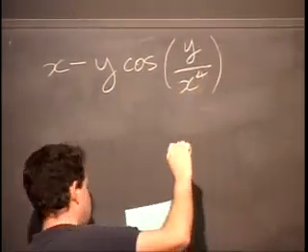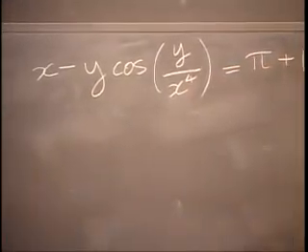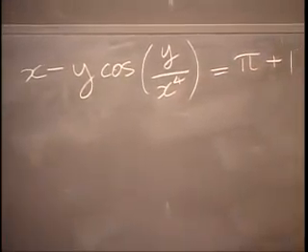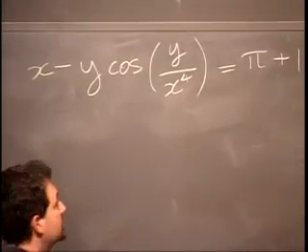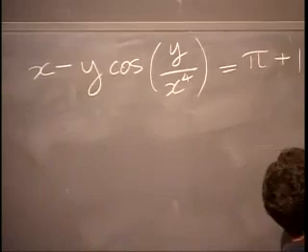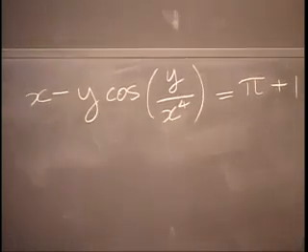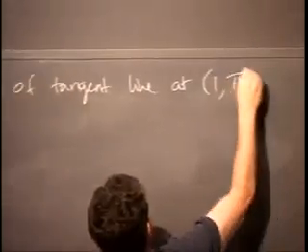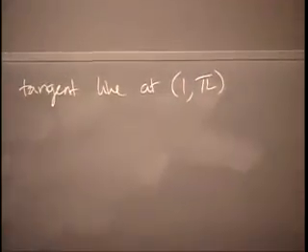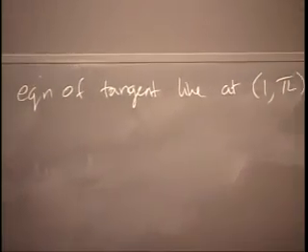So I have this diabolical equation, x minus y cosine of (y over x to the fourth) equals pi plus 1. And I'd like to know the equation of the tangent line at (1, pi) to this curve. Now, this is morally exactly the same question as the one we just did.